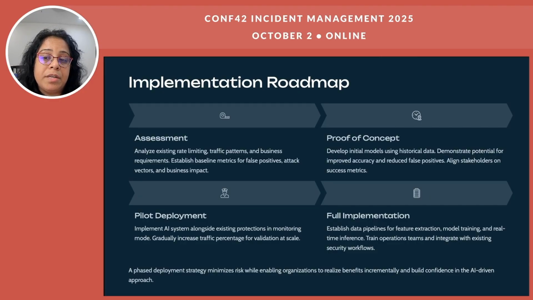Effective evaluation necessitates a holistic view, aligning security outcomes with tangible business impact. Relying solely on security metrics provides an incomplete picture of the system's true performance and value.